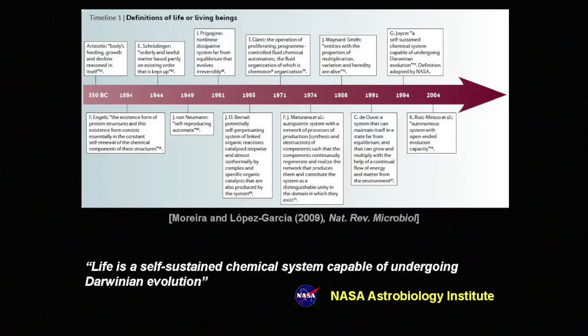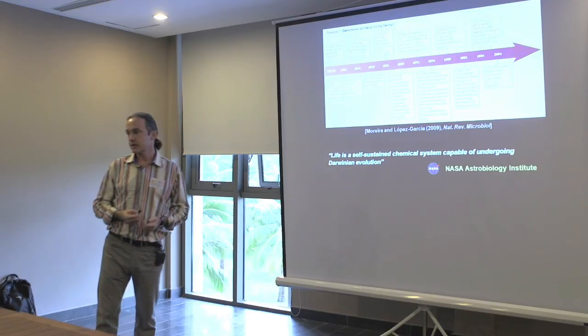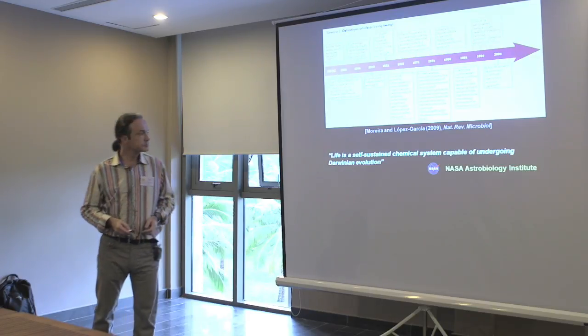It's not too bad. It takes the main components of life in almost one line. So chemical system, you need chemistry, self-sustained, without self-sustaining there is no life, so metabolism should be there, and capable of undergoing Darwinian evolution, because everything in nature evolves, as we will see.